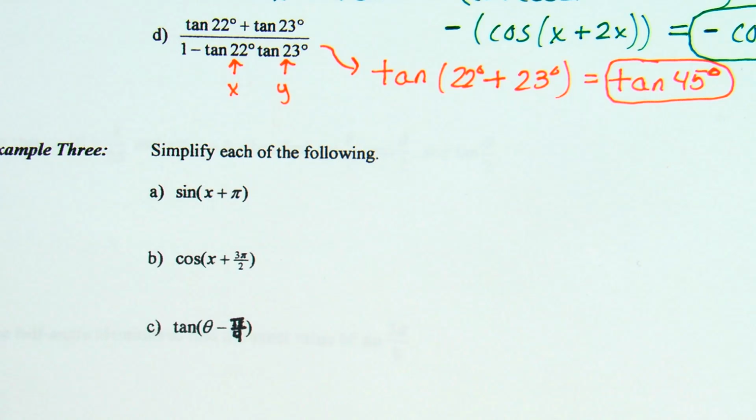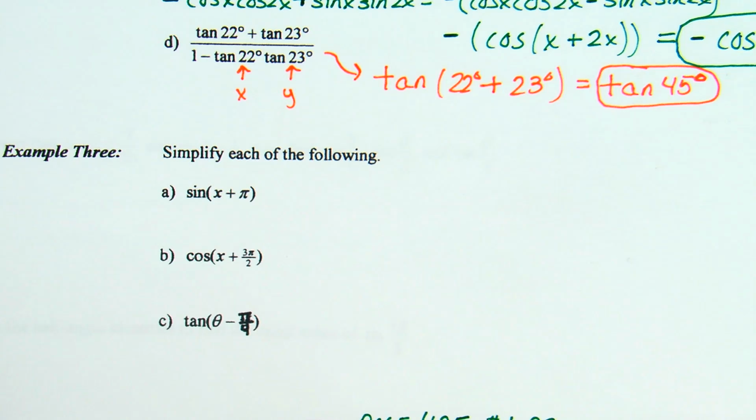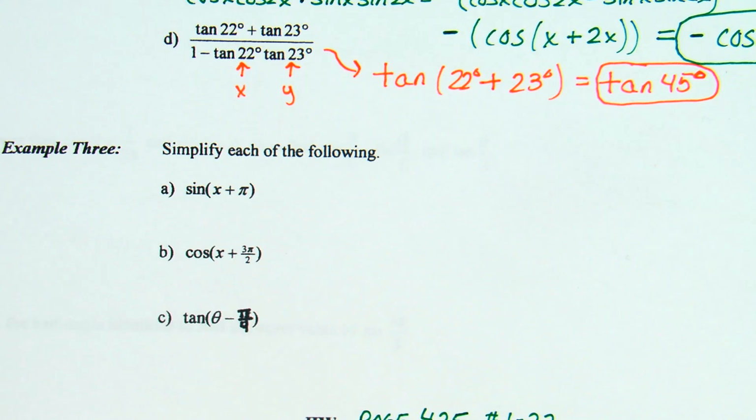Now, sine of x plus pi. Obviously the point of today's lesson is using these identities. So, kind of like up in example 1, we need to write it out. How do we write out a sine? Well, it's x and y.